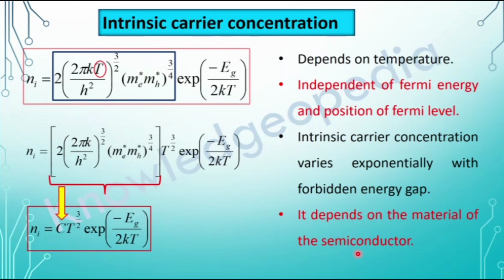Like for germanium it is around 0.6 electron volt, and for silicon it is around 1.1 electron volt. So, depending on the value of Eg, we are getting different value for intrinsic carrier concentration, and this Eg changes from materials to materials, and hence the intrinsic carrier concentration depends on the material of the semiconductor.